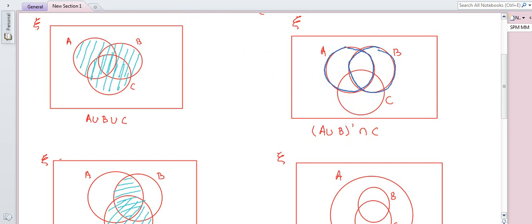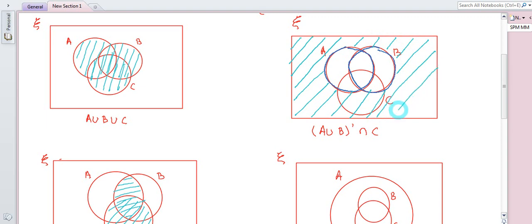So I shade beside these two circles. I cannot shade it. So A union B complement will be like this. Okay, this is A union B complement.